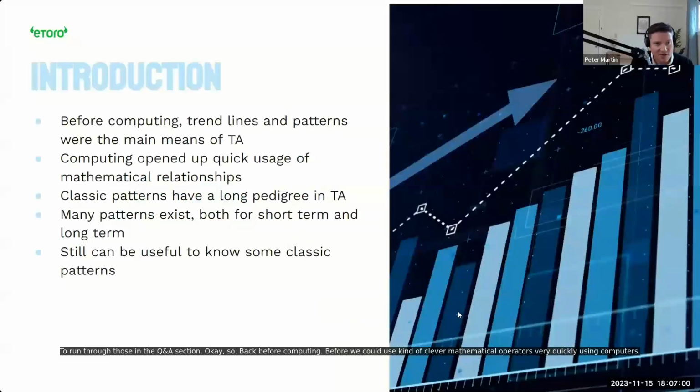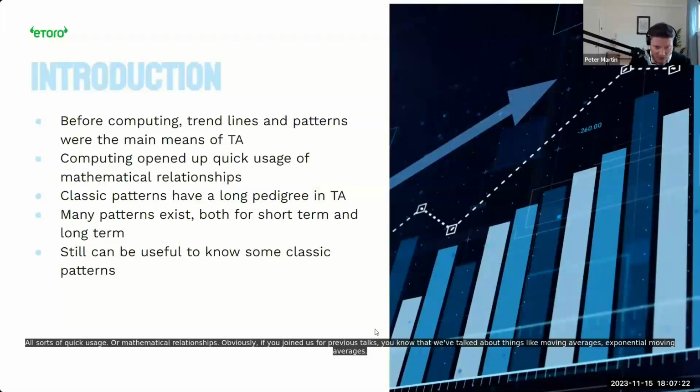Okay, so back before computing, before we could use clever mathematical operators very quickly using computers, the main ways of doing technical analysis were by hand, drawing trend lines and recognizing patterns on actual charts that people had drawn. And computers have opened up all sorts of quick usage of mathematical relationships.